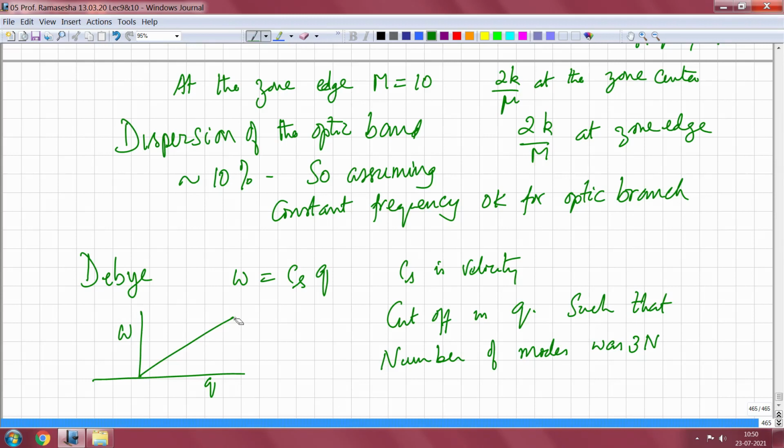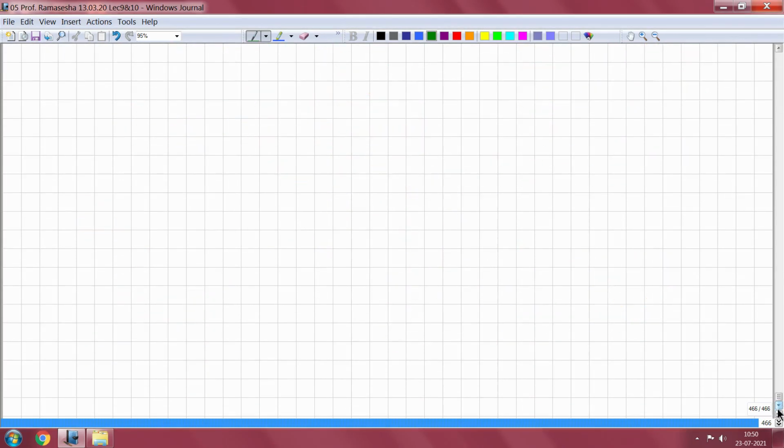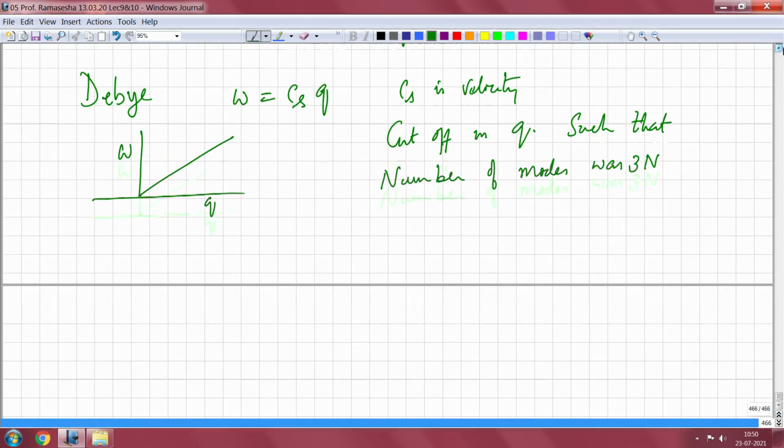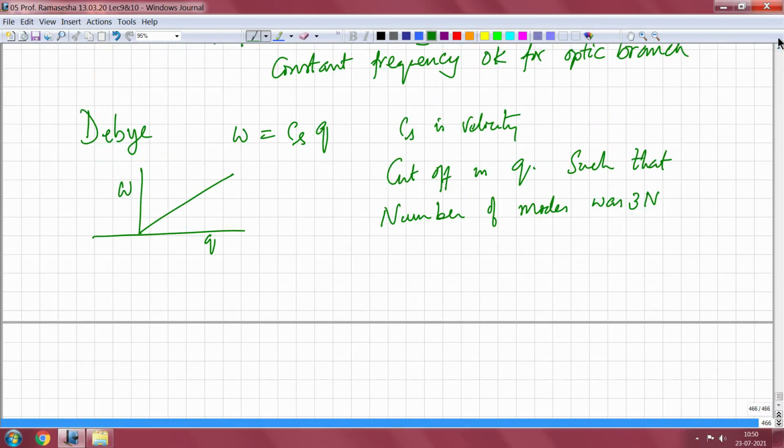So you can't continue q to infinity, and you have to cut it off, and you can do this cutoff using the density of states picture that we have and using a box of size L. This is something that we did earlier in the electronic structure context. So you have to stop at qD. So there is a cutoff at qD, and this corresponds to a frequency omega D.